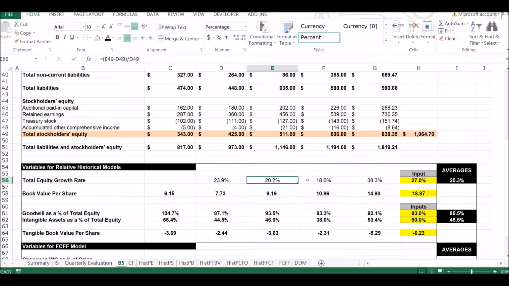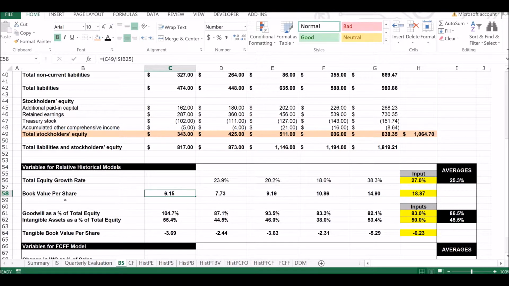You'll see that there are different growth rates from year to year. You can use a rough average or input something that you feel is appropriate based on your research. For this, I chose 27%. Not for any particular reason, this is just an example.